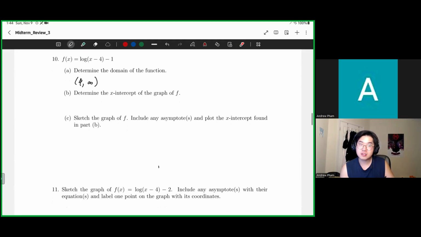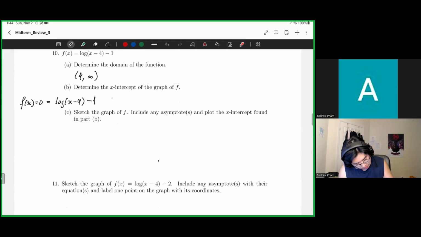And we want to determine the x-intercept of the graph. So by first principles, you set the function f of x equal to 0. So log of x minus 4, minus 1 equals 0. If I add over the 1, I get log of x minus 4 is equal to 1.